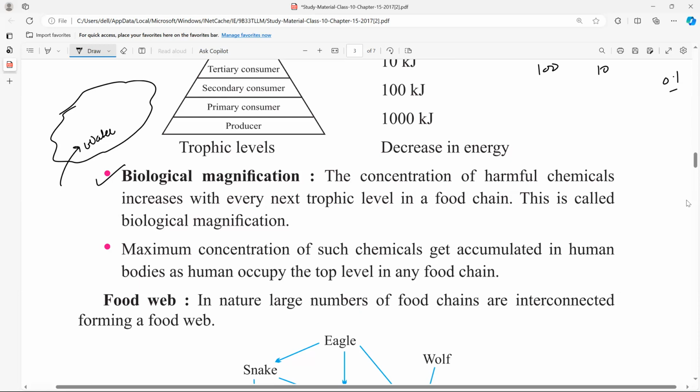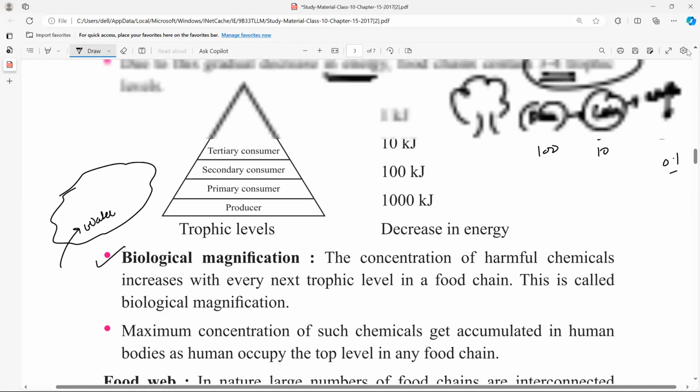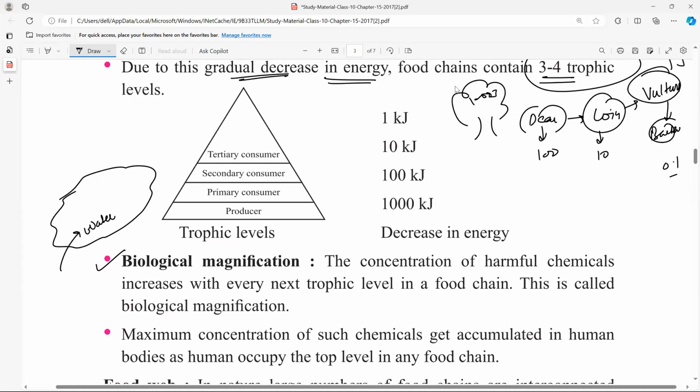Just keep in mind that the energy level decreases: producers are eaten by primary consumers, who receive only 100 joule. As we keep on moving, the energy level decreases, but it is opposite for harmful chemicals.